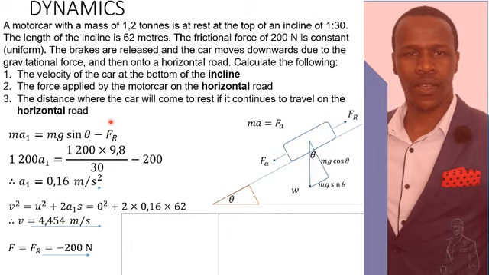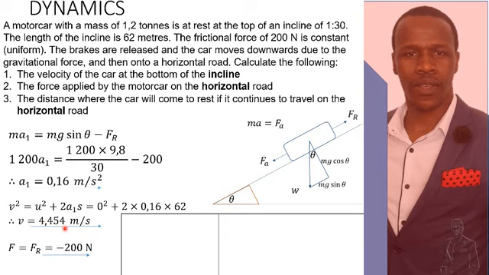So let's open the space for us to calculate this distance. Remember, this A is for the incline. Now we need to find an A for the horizontal line.